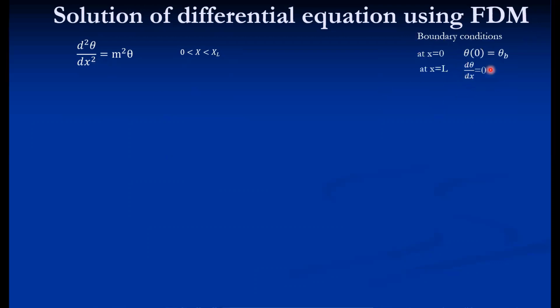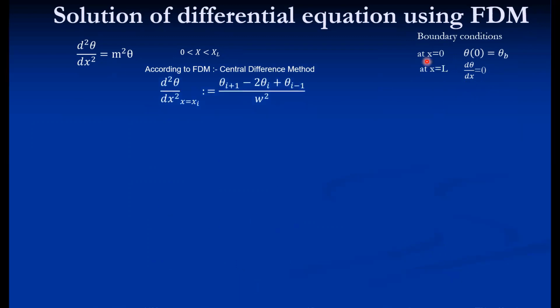But here is the problem with this boundary condition. We cannot use an ODE solver if the boundary condition is in differential form. So that's why we take the help of the finite difference method. According to the finite difference method, and specifically the central difference method, we can discretize this double derivative. d2 theta by dx square at x equal to xi is equal to theta i plus 1 minus 2 theta i plus theta i minus 1, divided by w square.